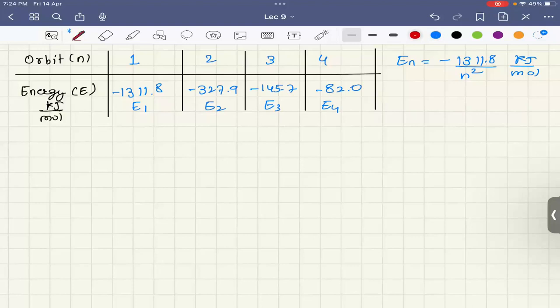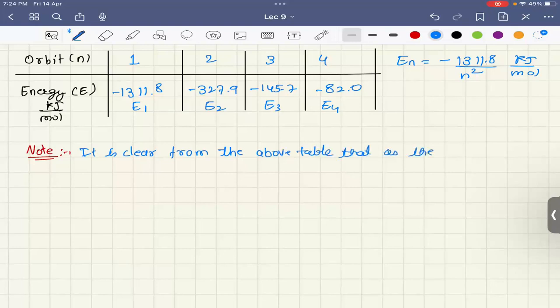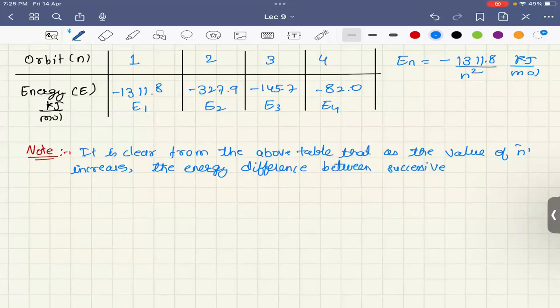So a note which had to be discussed in the previous class: if you calculate these values, it is clear from the above table that as the value of n increases, the energy difference between successive energy levels decreases, right?